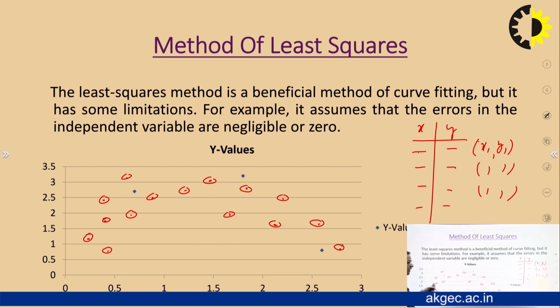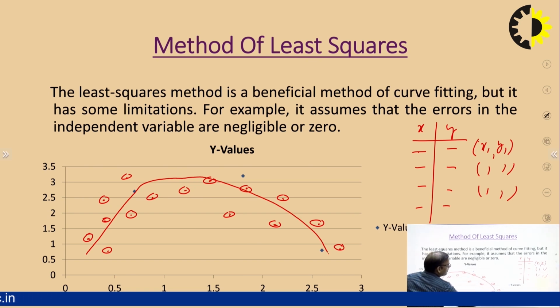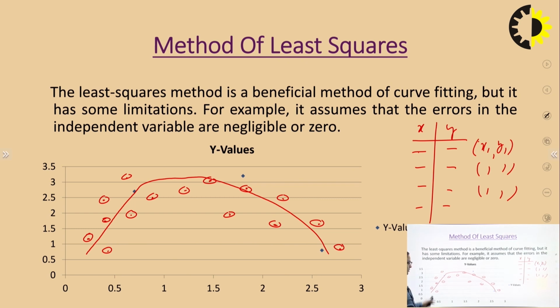So these are the points plotted due to the given data set, and then we try to fit a curve which passes through almost all points or near to all the points. Suppose this is the curve, and the concept here is to minimize this error of distance, like this.